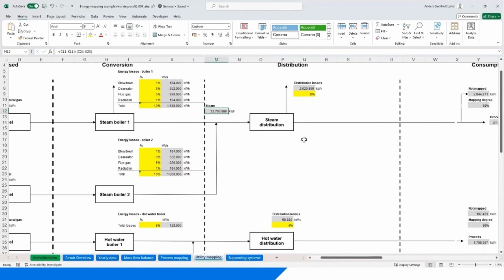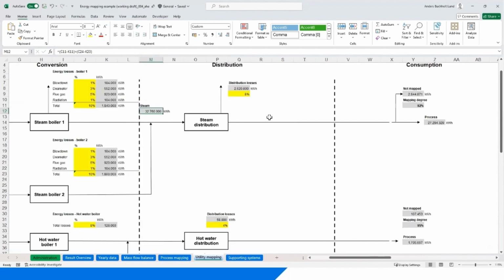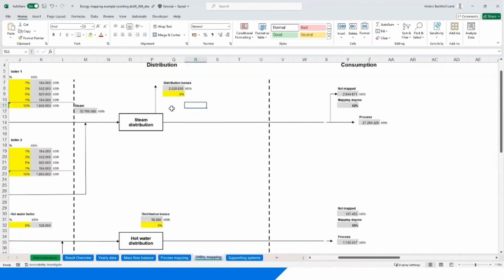But it is extremely difficult to put in a number here. What we have done sometimes is just calculating the losses associated, let's say, with 100 meters of pipe, and then scaling up, estimating roughly how many meters of pipe, that will give you a fairly good value to put in. So you can use that to justify the figure you put in here.